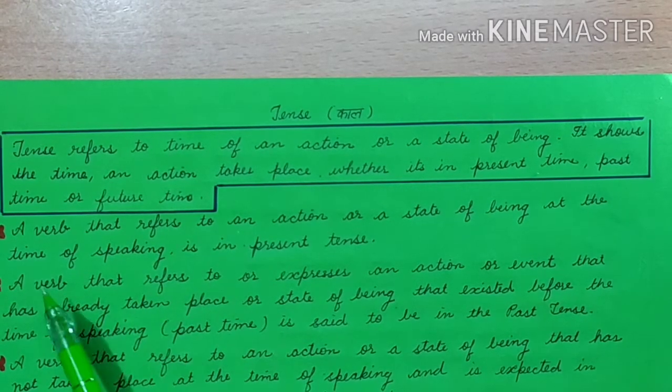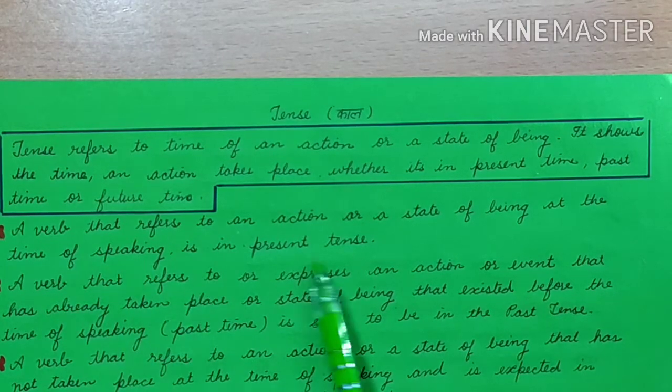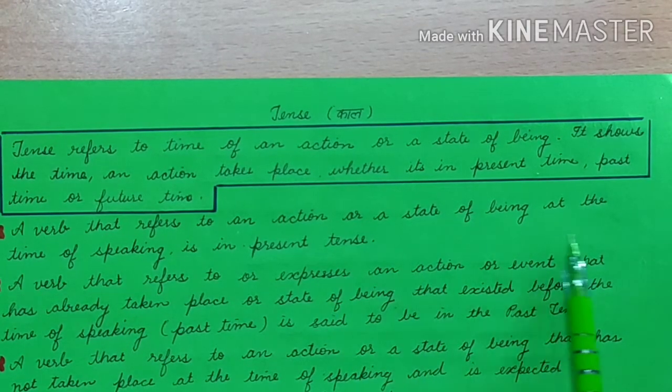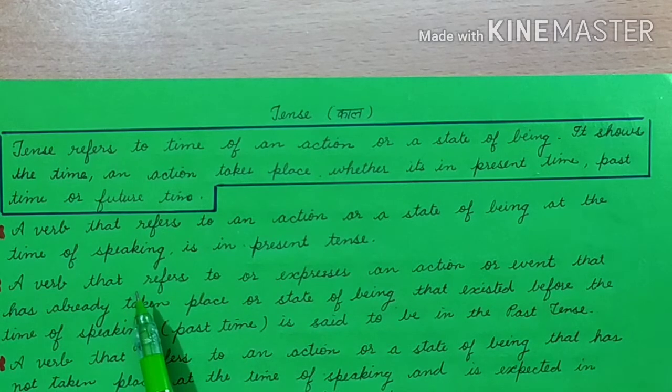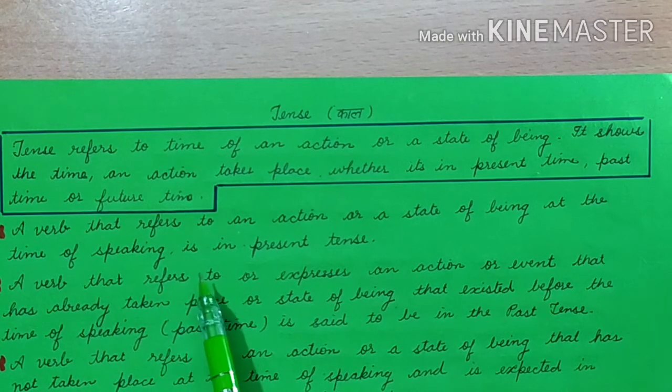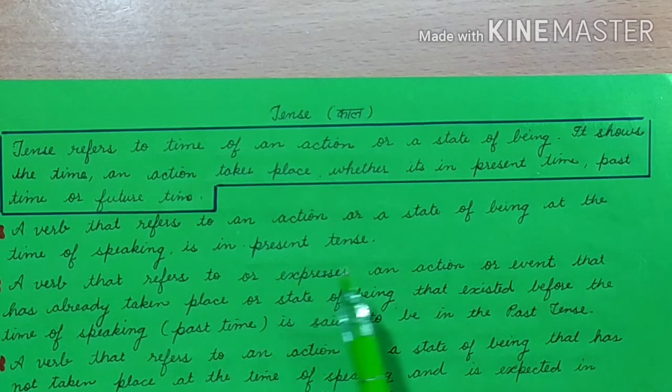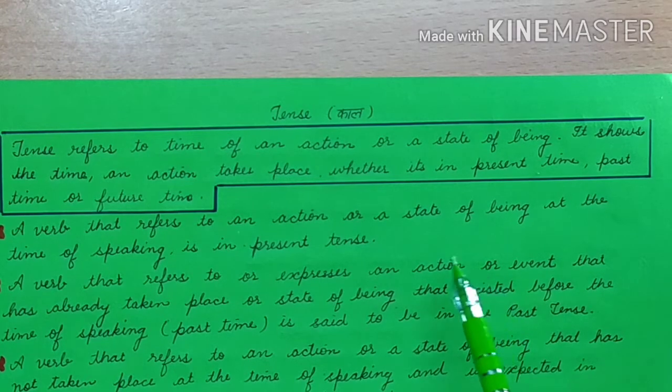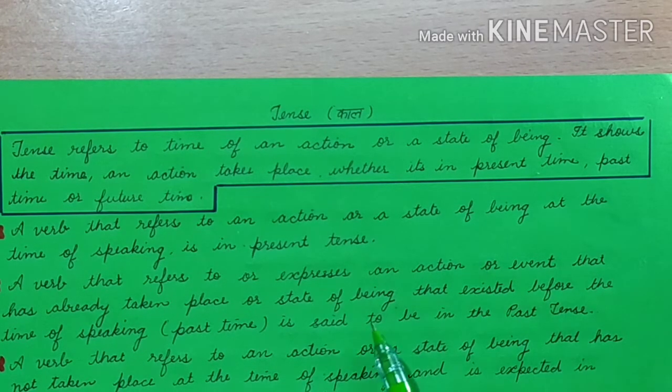Okay. So a verb that refers to an action or a state of being at the time of speaking is in present tense. A verb is said to be in present tense if the action is taking place at the time of speaking.